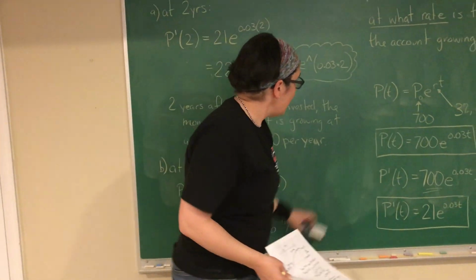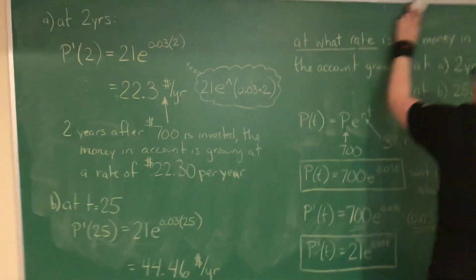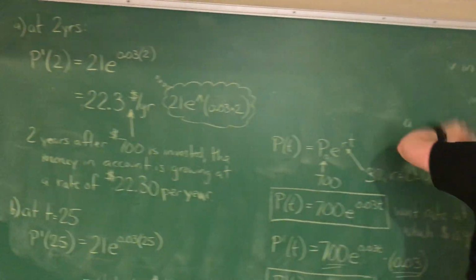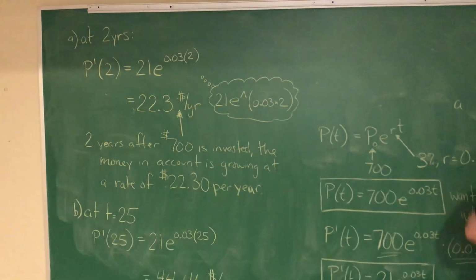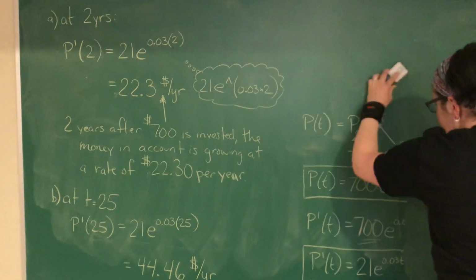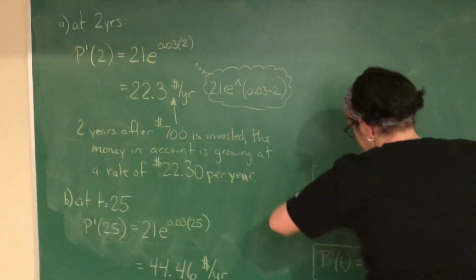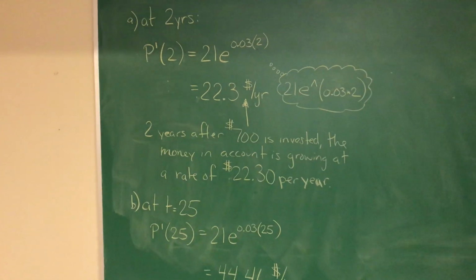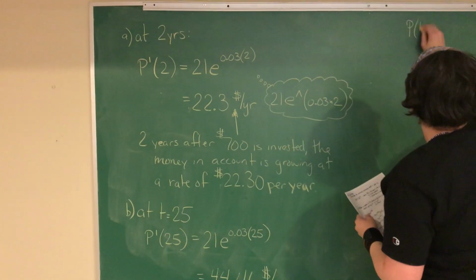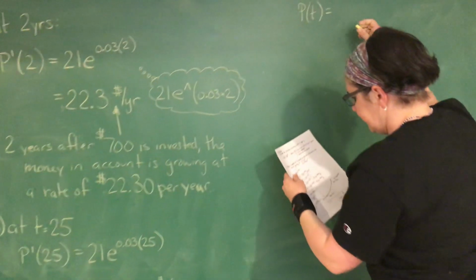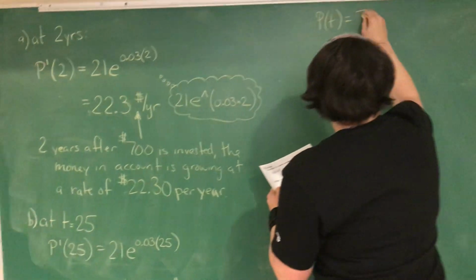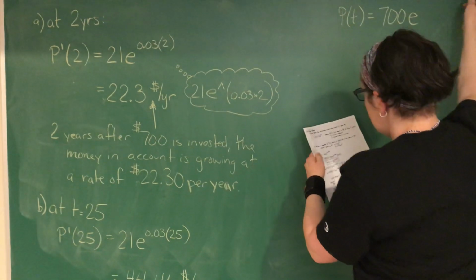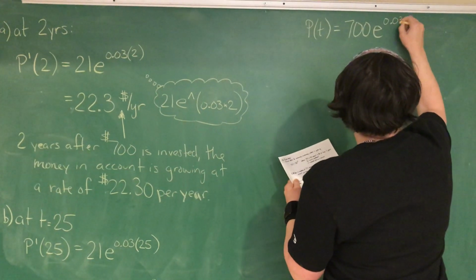Okay, to wrap up this problem, I think it's worth our time to graph this function on a graphing calculator. And so something that you might do is to plot on your calculator the original function, which is P(t) equals 700e to the 0.03t.